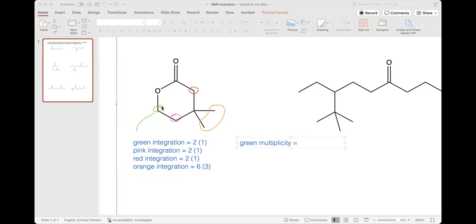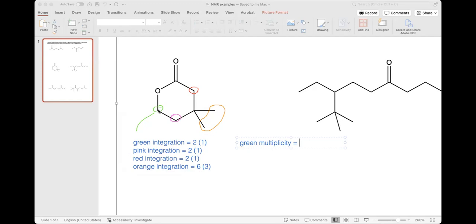Again, the green one is here. I won't ask you to do all of them again. I'll start just giving the answers, but if you guys would give me this green one, what would be the multiplicity of that signal? Singlet, doublet, or triplet? I'm seeing in the chat on my iPad, it's popping up as things so I can see them.